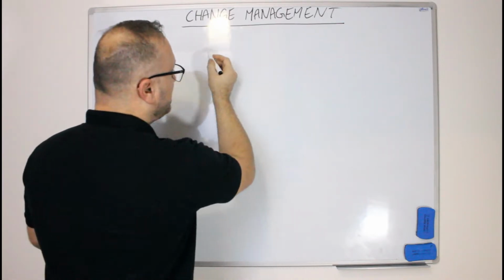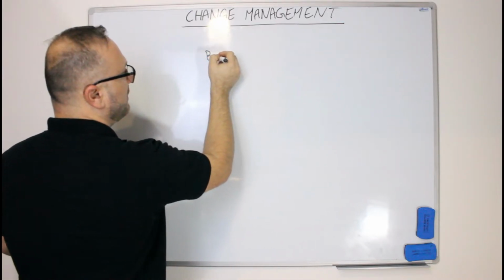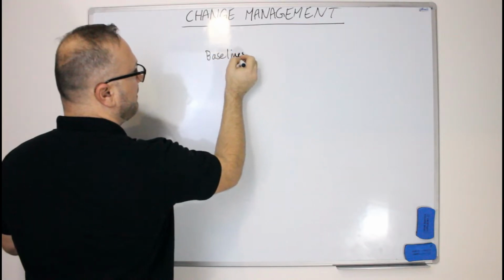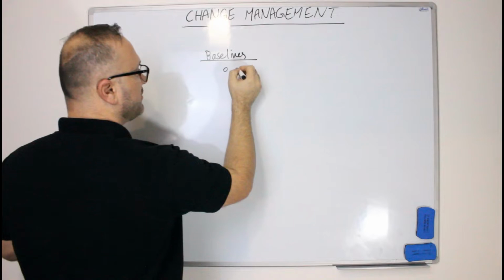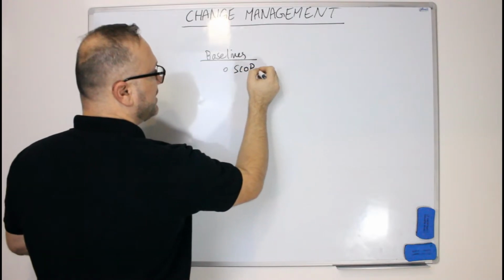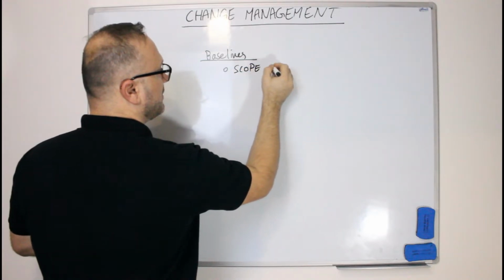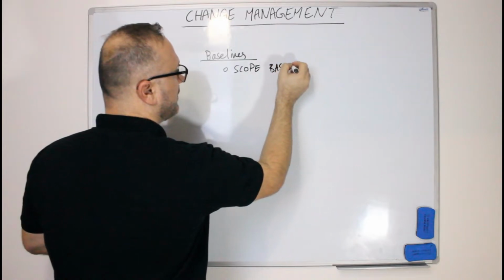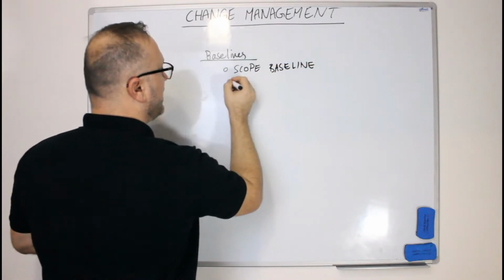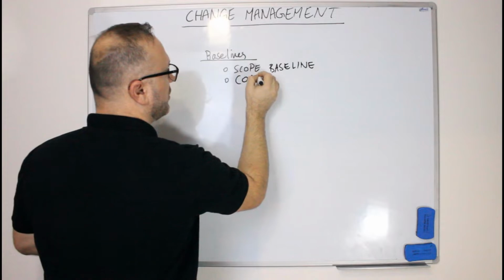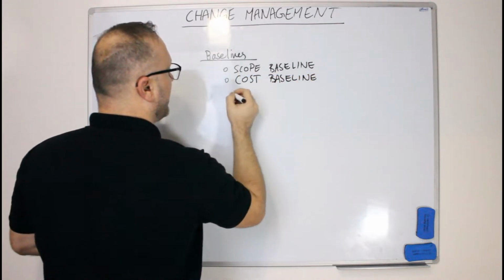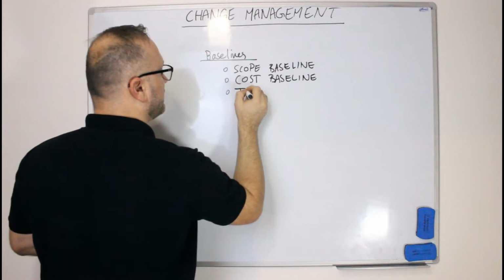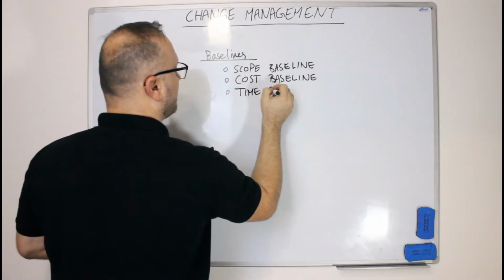At the start of the project, you have baselines. We said in previous episodes that we have the scope baseline, the cost baseline, and the time baseline.